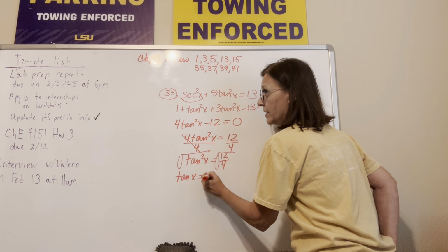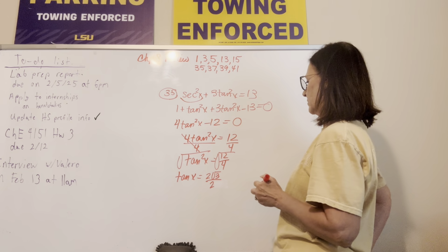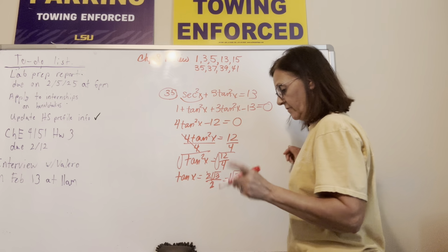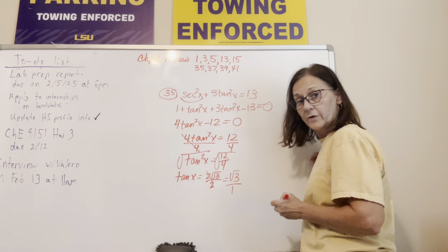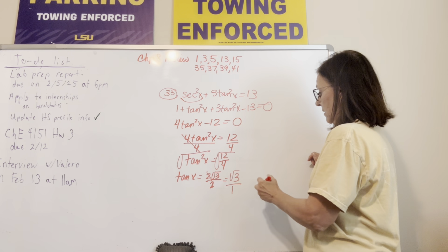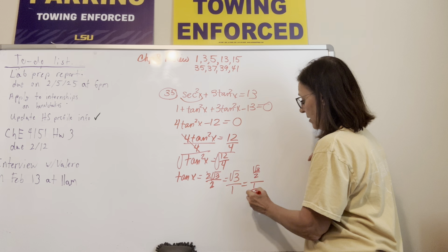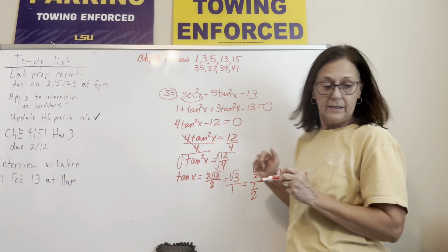Tan x is 2 square root of 3 over 2, which is just the square root of 3. All right, so that's the sine over the cosine. I'm going to see that as square root of 3 over 1, which is the same thing as square root of 3 over 2 over 1/2. That has to be the sine.